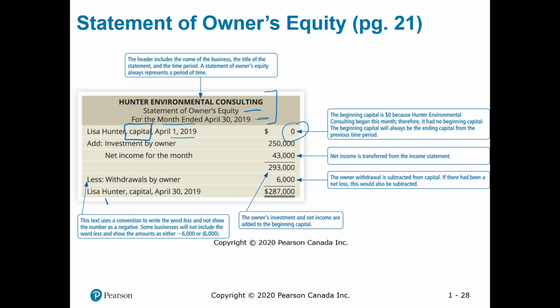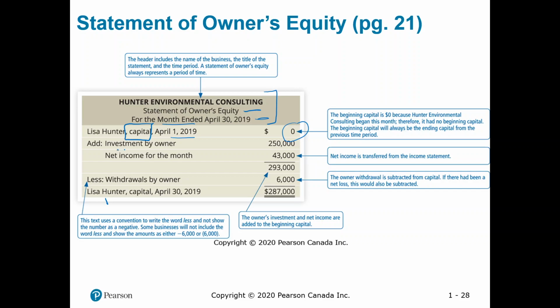And this is because this example is from the textbook. This was when Lisa first started her company. So when you're starting out, you obviously have to start with the beginning balance of 0. That will likely be the only time that you see 0 as a starting balance, when they're just starting the business out.